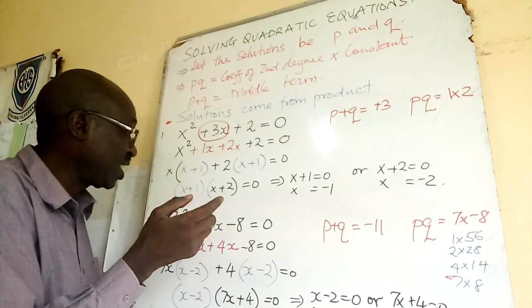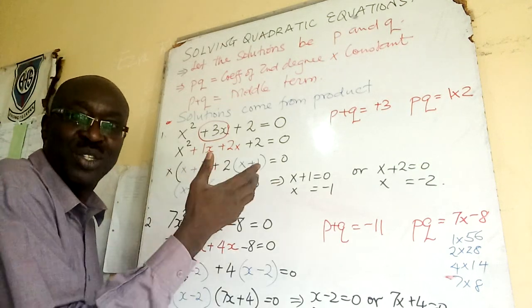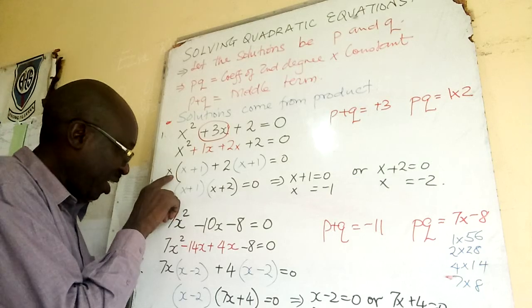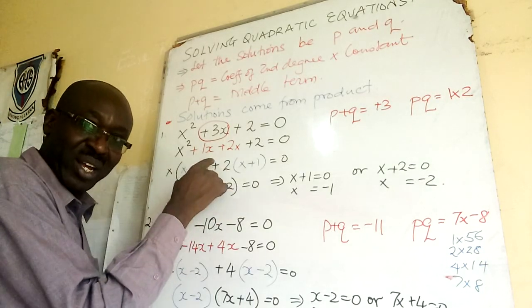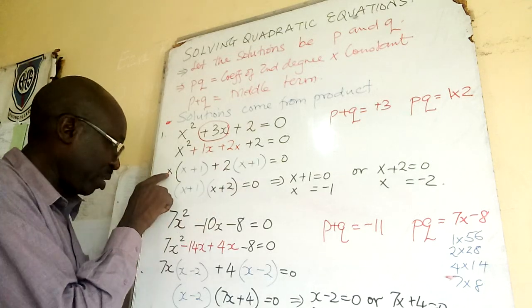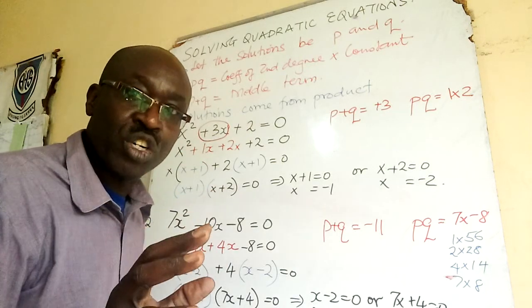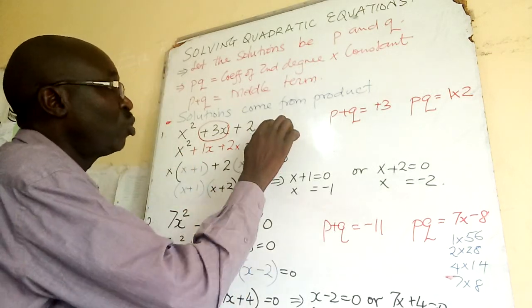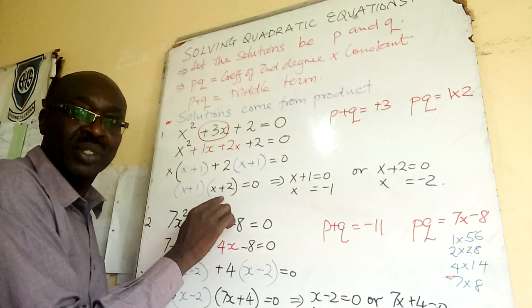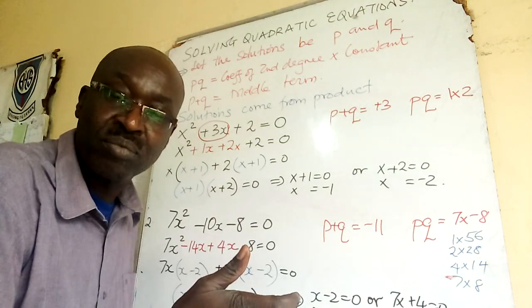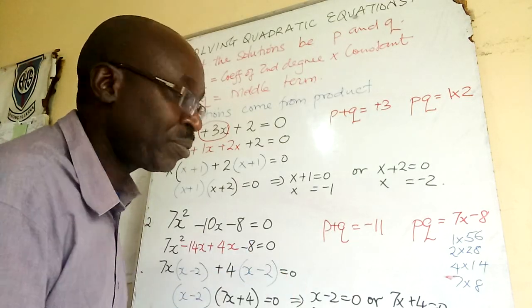It's like factorizing xa plus 2a. So a is common. What remains is x plus 2 is equal to 0. If it was factorization, you would not have the zeros. So you would end up here. That's why I'm doing solving. You will understand factorization within a second.